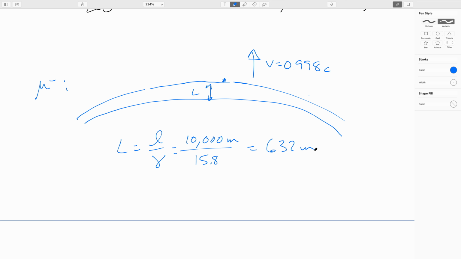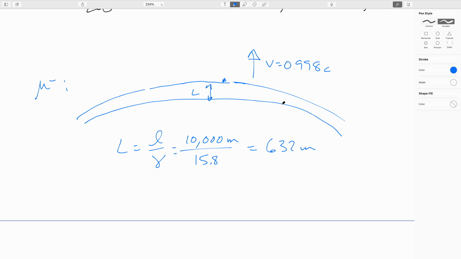So to the muon, the Earth's atmosphere is only 632 meters thick. You know, a handful of soccer fields. And that's plenty short enough that for an Earth moving at 0.998c, it can cover that 632 meters in the 2.2 microseconds that now matter in the muon's frame.